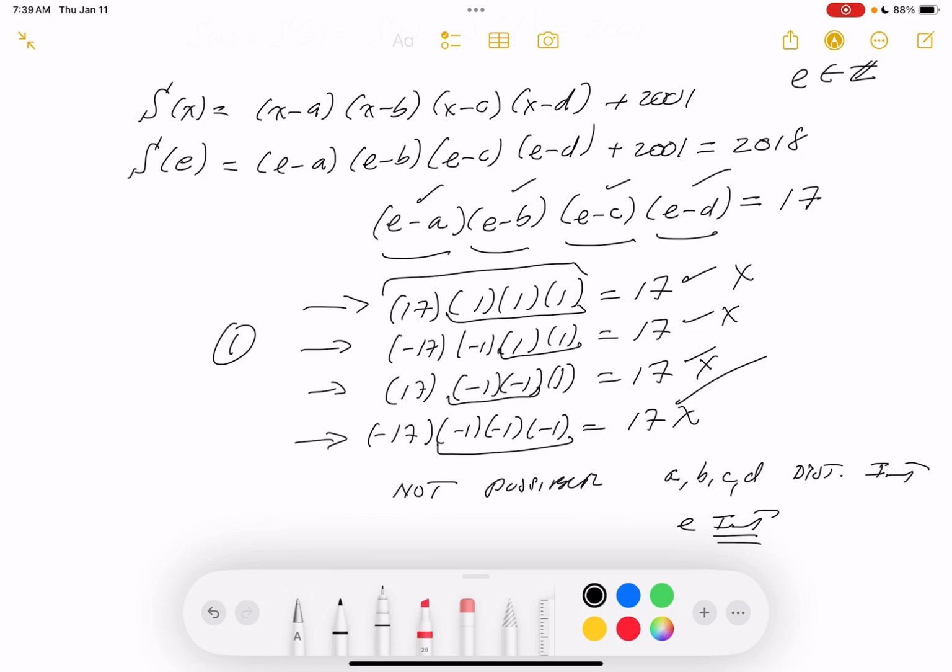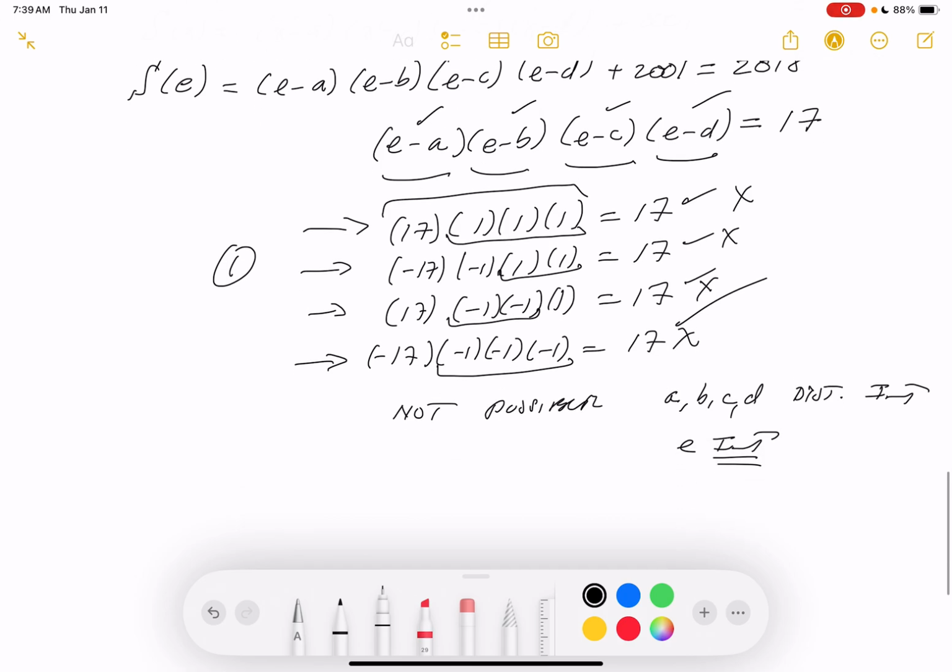It could be any integer. It could be A, but then it wouldn't equal 17. It could be B, or C, but it wouldn't equal 17. E is an integer, and if it equals A, B, C, and D, you're not going to get 17. For any integer, this is just not possible. We're not getting 4 distinct factors, all right?